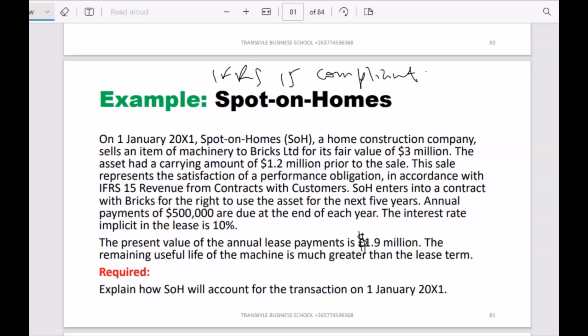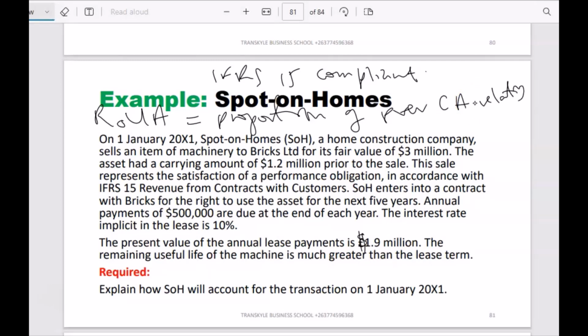So the right-of-use asset should be the proportion of the previous carrying amount of the asset relating to the rights retained.